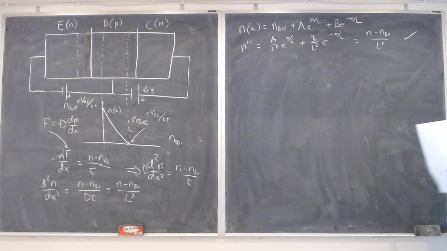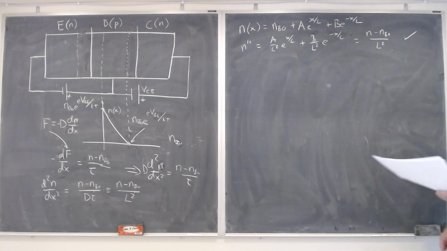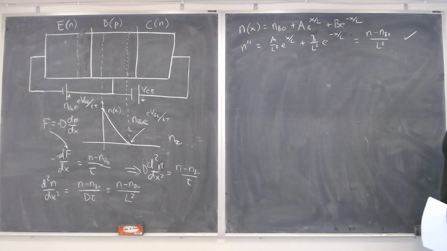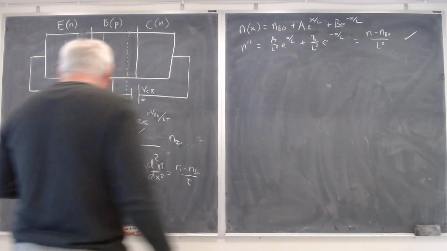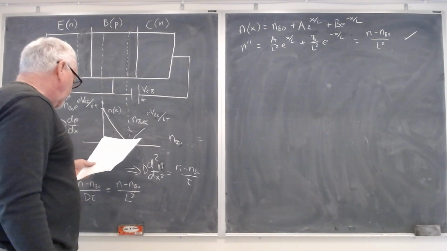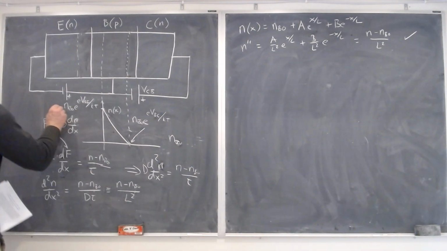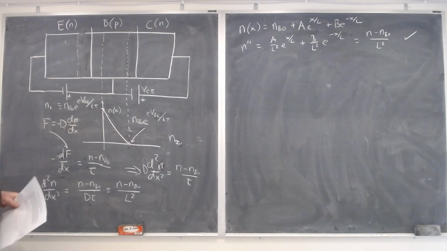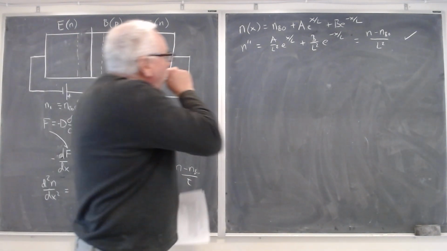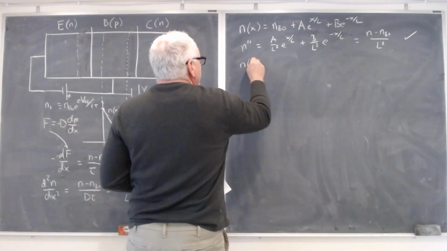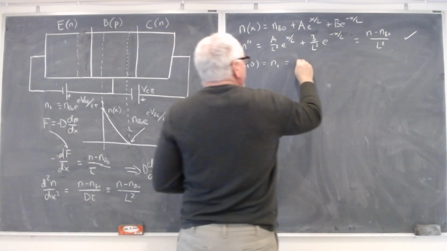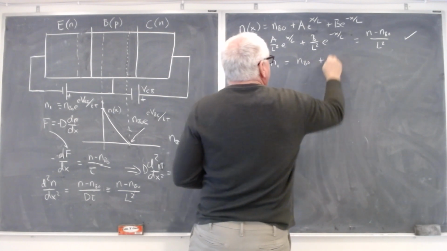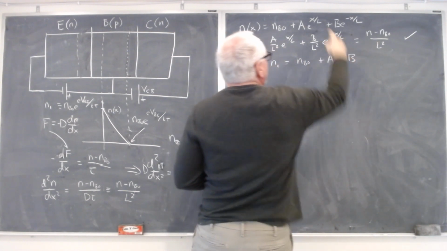All right, so that's the solution. We just have to find A and B, and to find A and B, we use our boundary conditions. As suggested in the problem, I'm going to write that as n sub 1 so that I'm not carrying around all these variables. So n of 0 is n1, and that's equal to nb0 plus A plus B, plugging in x equals 0.